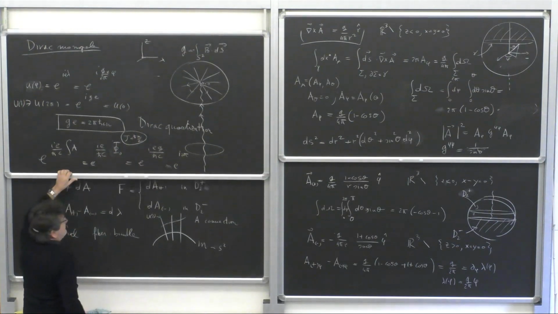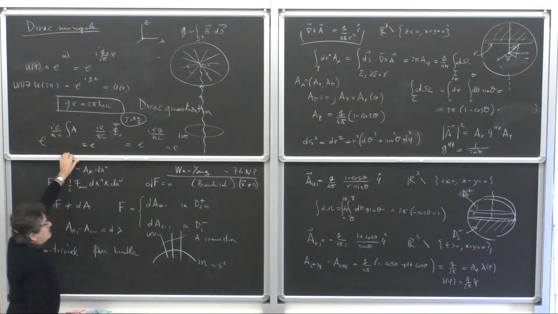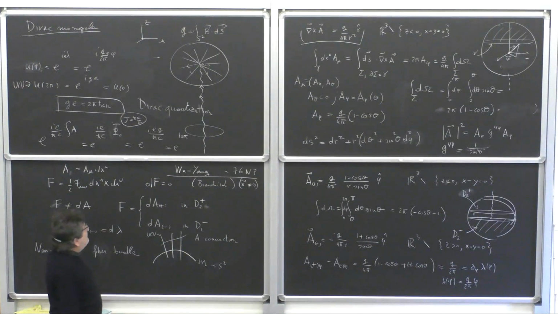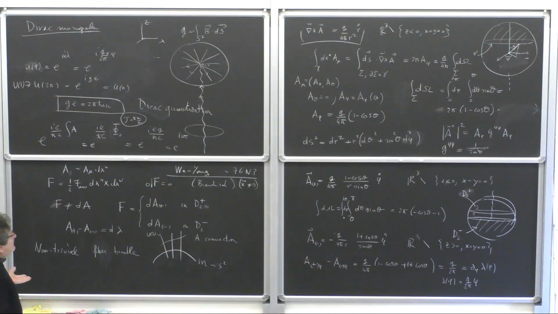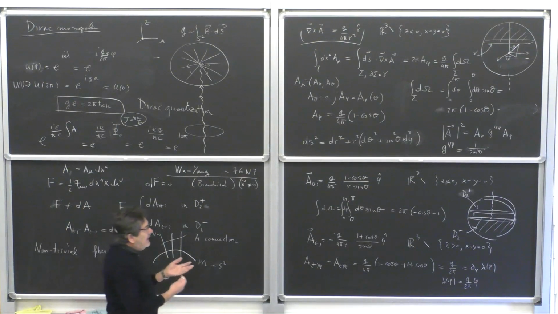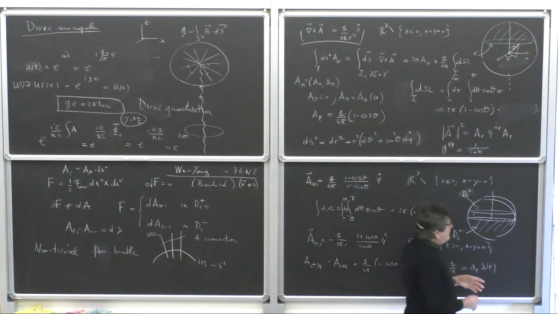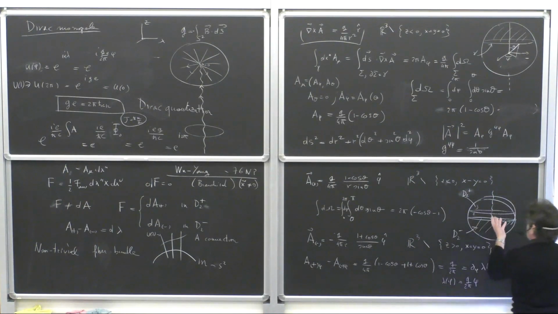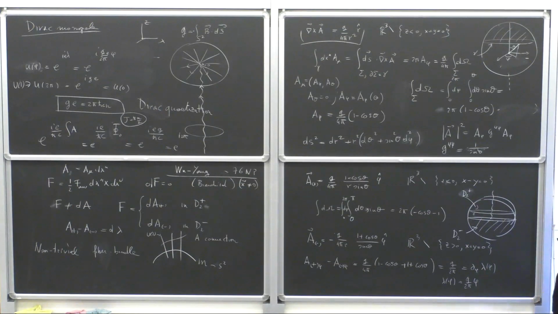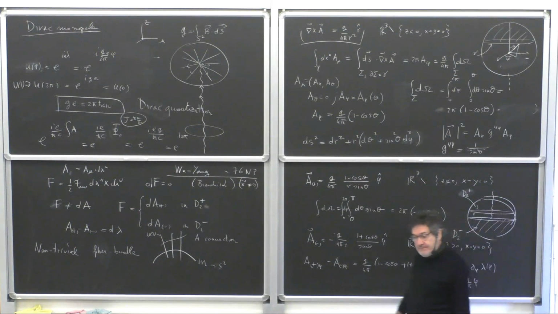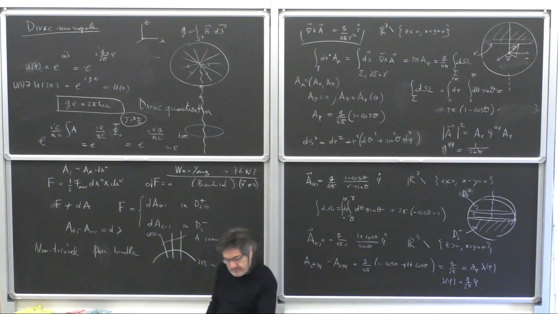That's a funny thing, okay? So that's the end of the story. It is a non-trivial gauge field, cannot be described in a single gauge. You have to do two different gauge choices on two different open patches of the sphere, at least two, okay? That's the story.